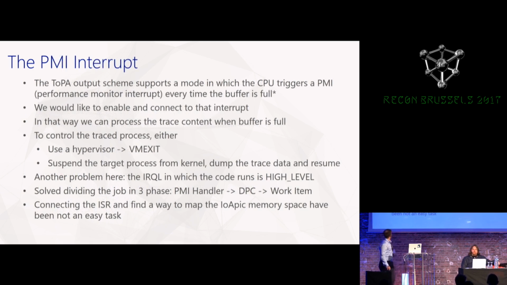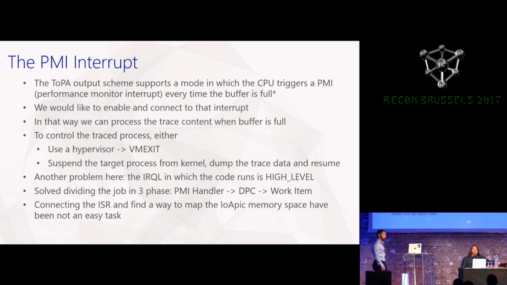Okay, let's speak quickly about the PMI interrupt. The PMI interrupt is raised by the processor trace when our buffer is full. To do that, we have programmed the table of physical addresses, inserting this PMI interrupt request at the end of the buffer. How are we able to manage that?